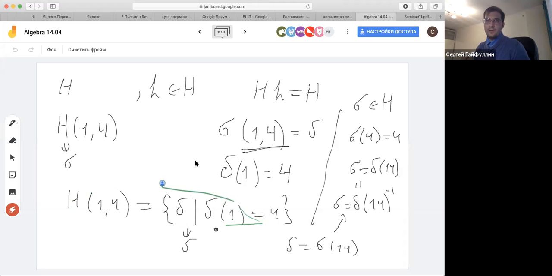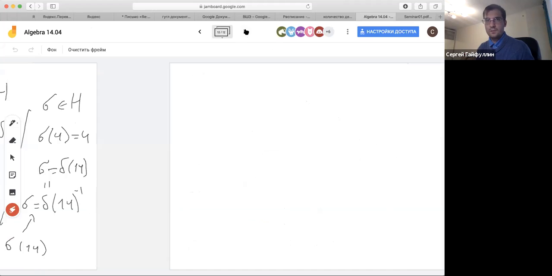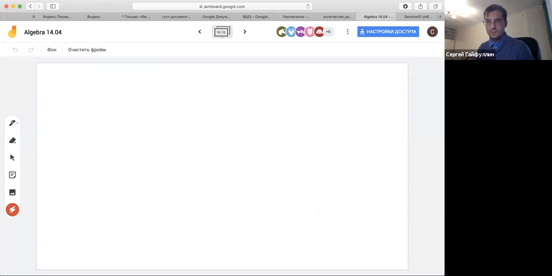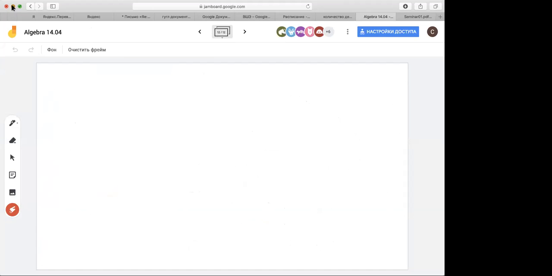Of course, the other right cosets can be constructed in the same way. Okay, let us proceed with the third problem if it is clear. Is it okay? Clear? So all the right cosets are going to be some deltas where 1 goes to 4, where 2 goes to 4, where 3 goes to 4.